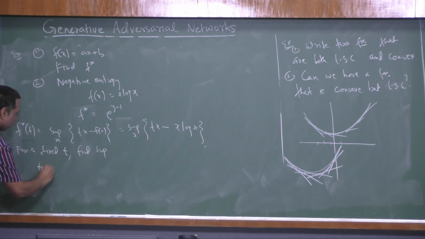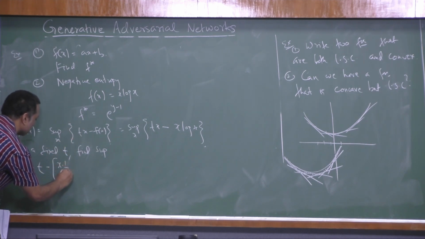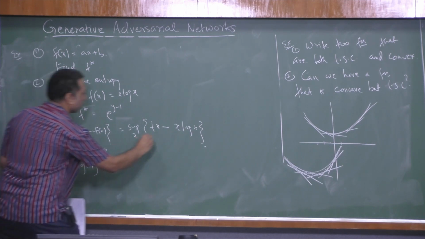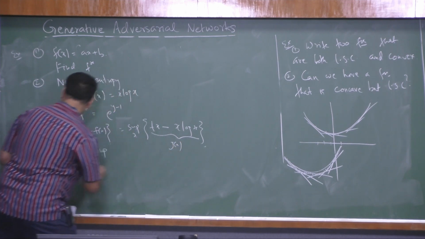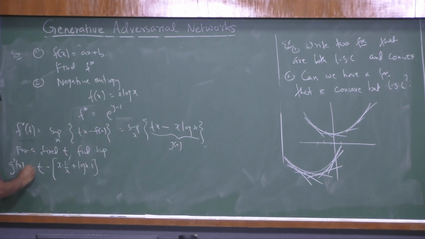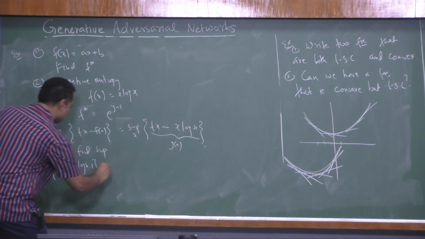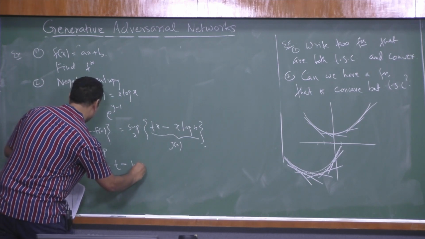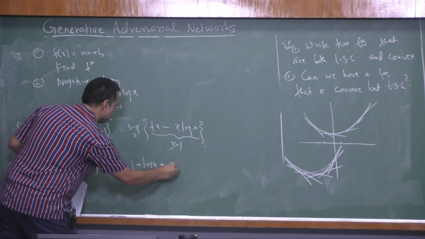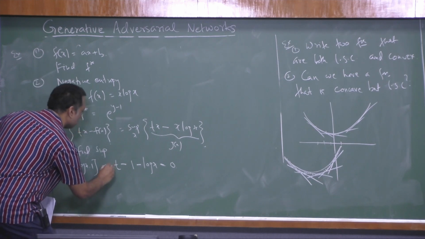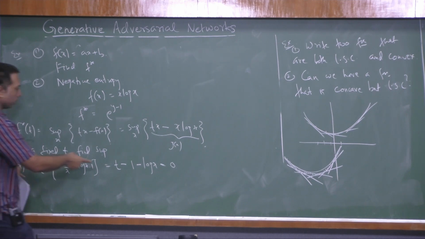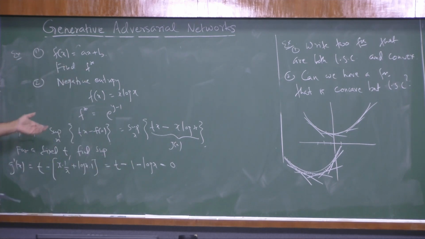This is t minus, and then the product rule: first function times the differentiation of the second plus second times the differentiation of the first. So this is g prime of x, and it is t minus 1 minus log x, equal to 0. I am finding a maxima, so I take the derivative and equate it to 0. Then I find an x for which this maximum is achieved.